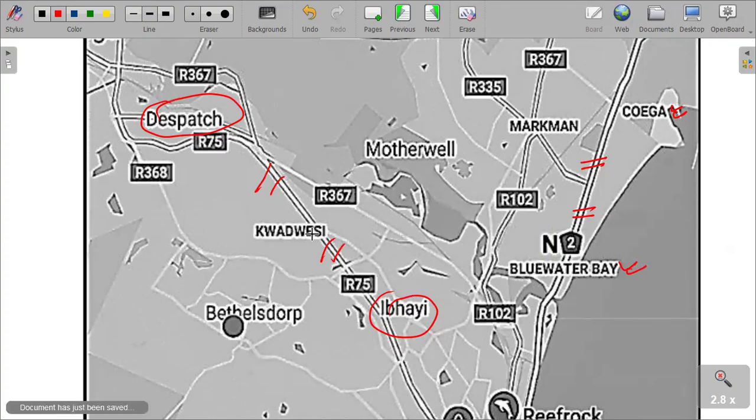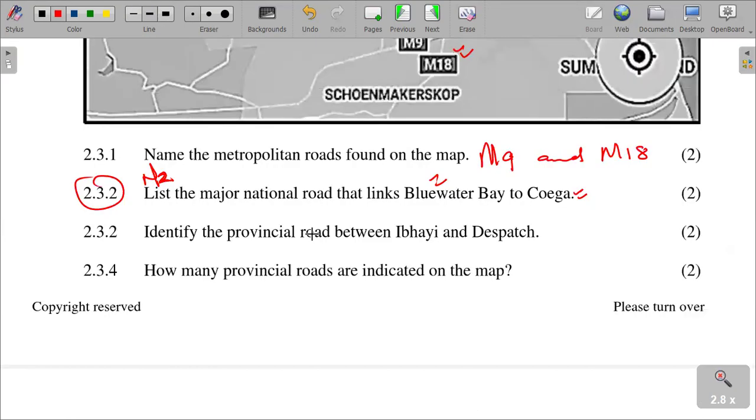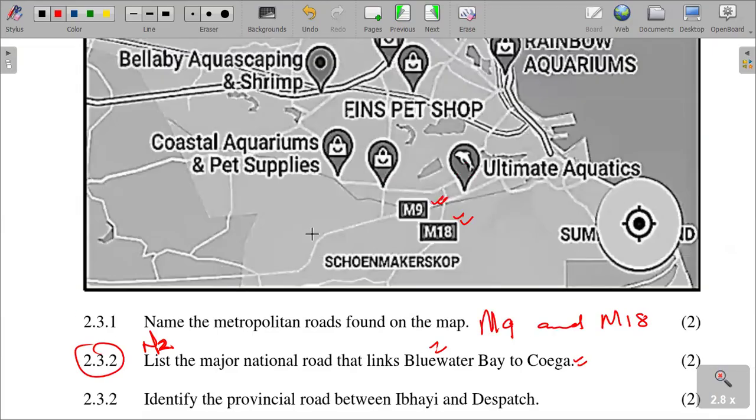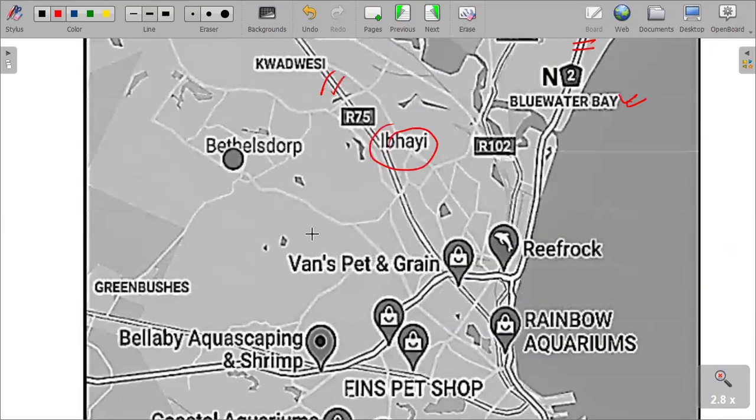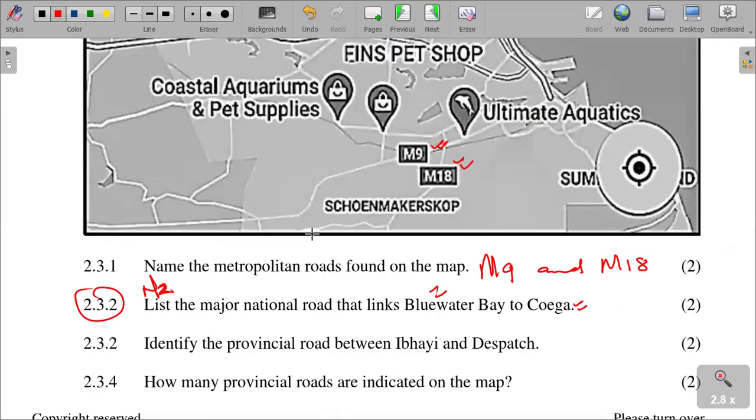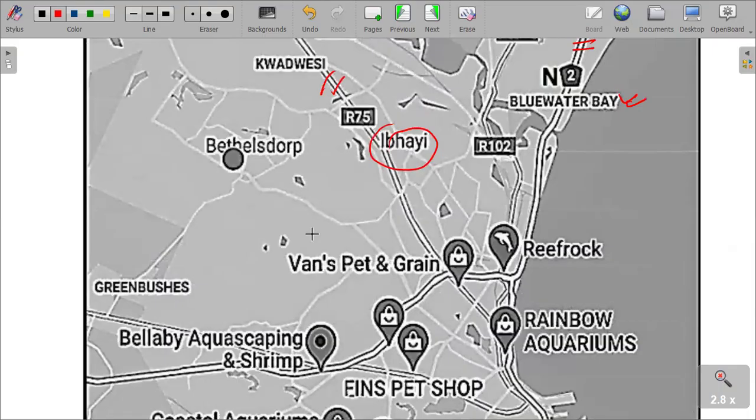That's the road that the question is asking for, the provincial road between eBay and Dispatch. You can see that those places are connected by R75.